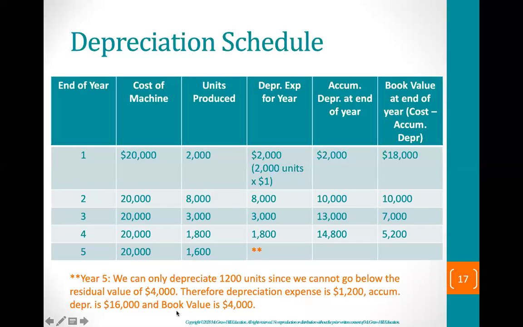Therefore, depreciation expense will be $1,200. Accumulated depreciation will be $16,000, and our book value equals $4,000. Yes, we produced more than 1,200 units, but we can only depreciate to residual value.